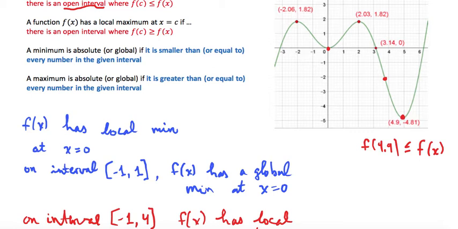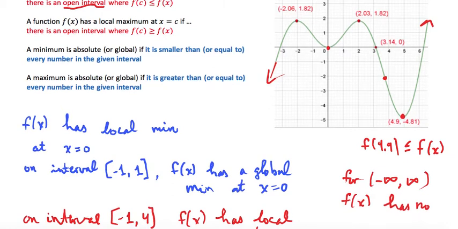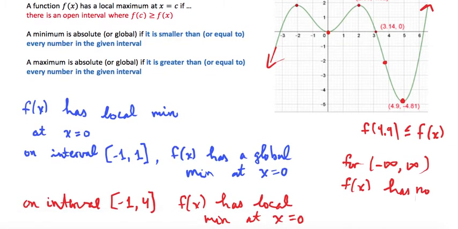So if we consider that this graph goes down here forever like that, and it goes up this way forever, then for -infinity to +infinity, f of x has no global min or global max.